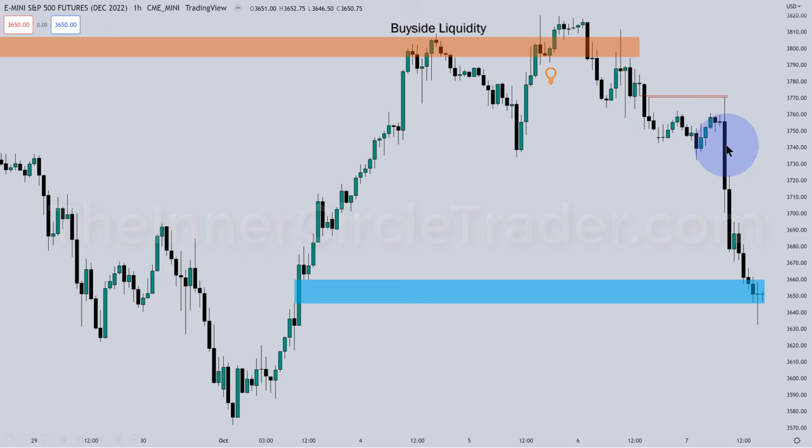So the market trades up into that, goes up a quarter of a point into that high. I know that because I watched it live. Trades up into it and then sends it lower into our fair value gap. So that's one setup you could use. That's one opportunity to trade with.